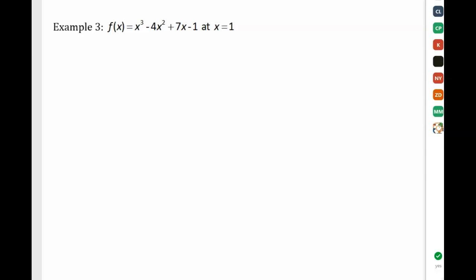So we're going to take y equals f of x equals x cubed minus 4x squared plus 7x minus 1. So we take y equals x cubed minus 4x squared plus 7x minus 1. And then to find its inverse, you're going to flip x and y.